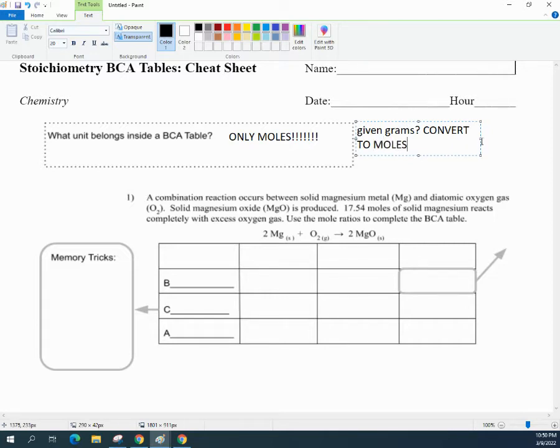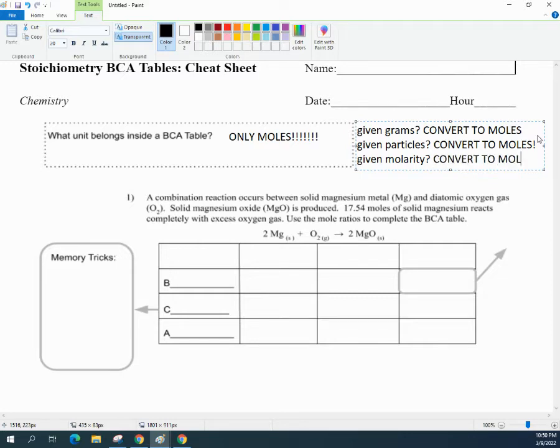If you are given particles, convert to moles. If you are given molarity, guess what, guys? Convert to moles. If you are even given volume, which is liters, convert to moles, folks. The only way that you are able to use this table is if you have moles. Once you have moles, then you're good to go.